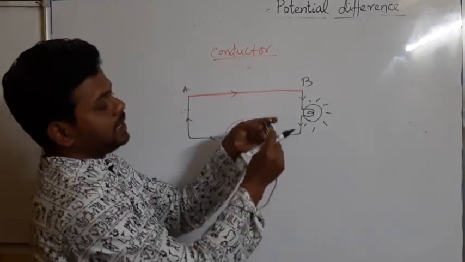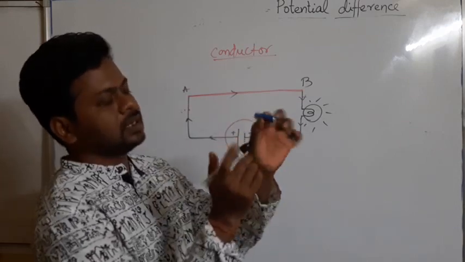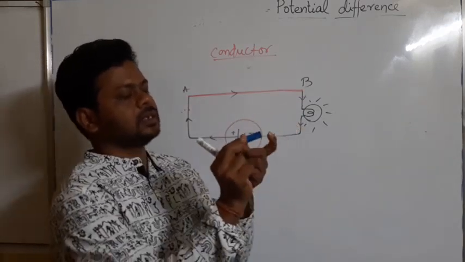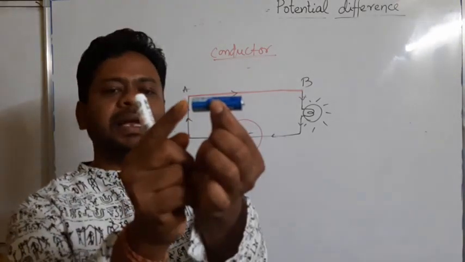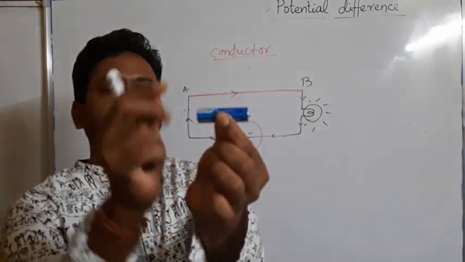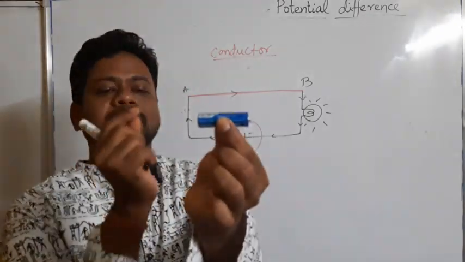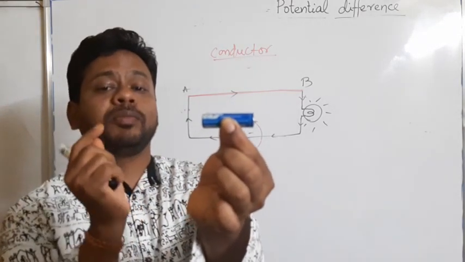So if I take out the wire, you see, this is the cell and it has two terminals. This one is the positive terminal and this is the negative terminal. Between these two terminals, there is a potential difference of 1.5 volt.